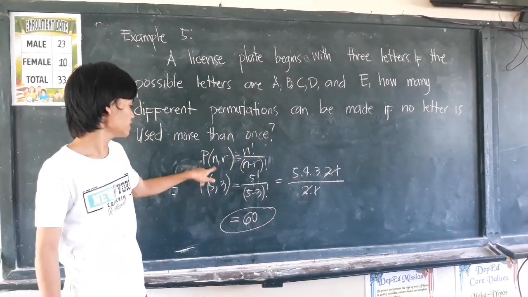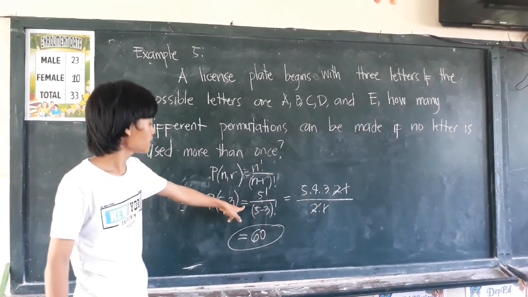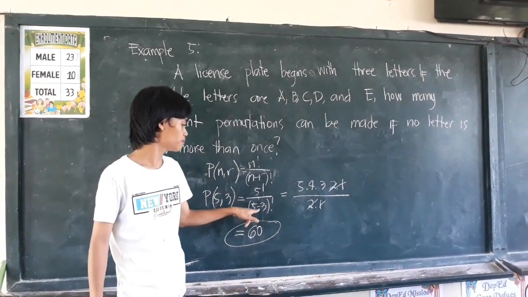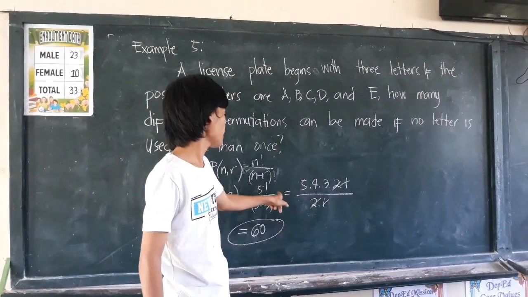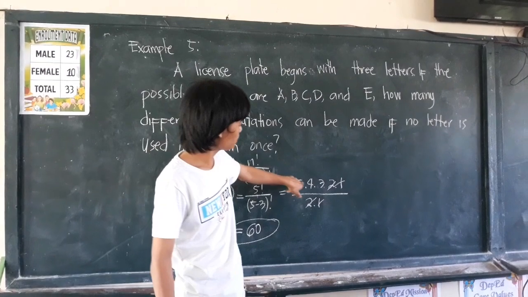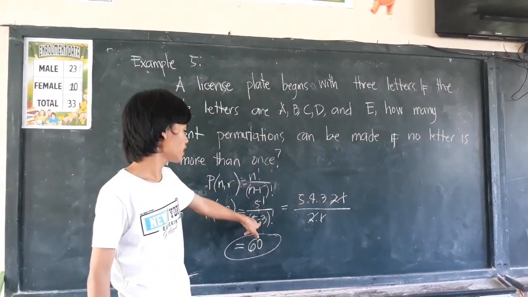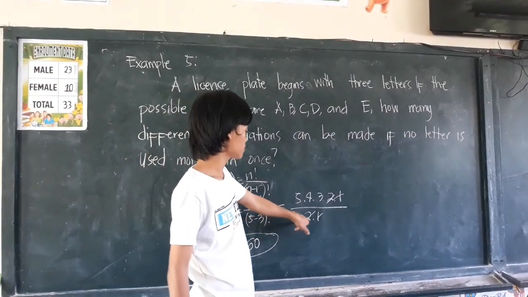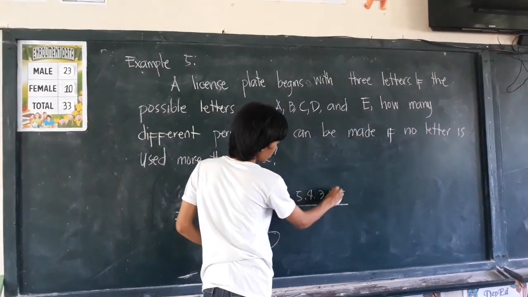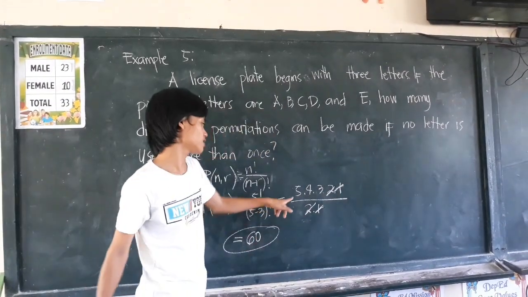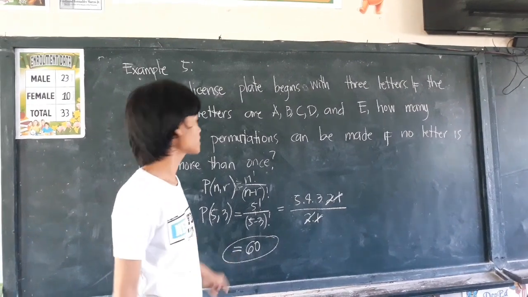So n is equal to 5, then r is 3. So it equals 5 factorial over 5 minus 3 factorial. 5 factorial is 5 times 4 times 3 times 2 times 1. Then 5 minus 3 factorial is 2 factorial, so 2 times 1. Eliminate the 2 and 1. What remains is 5 times 4 times 3, which is equal to 60. So, there are 60.